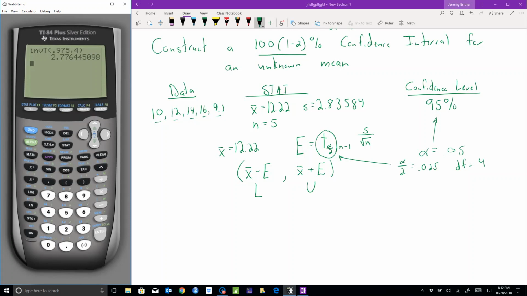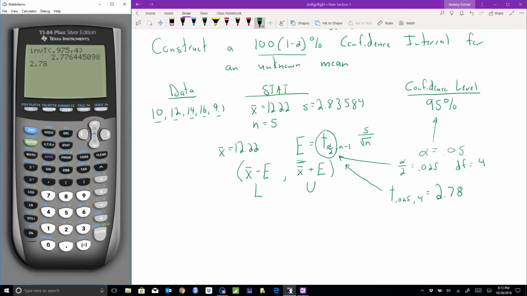Now, just for us to be consistent amongst each other, we're always going to round this to 2 decimal places. So we'll say that our t of 0.025 and 4 is going to be equal to 2.78.